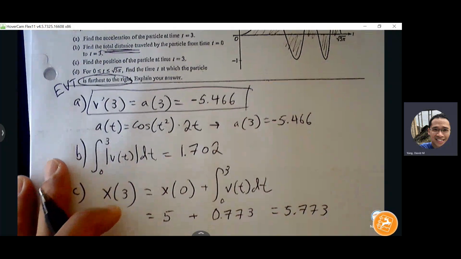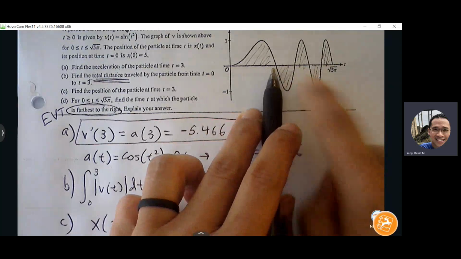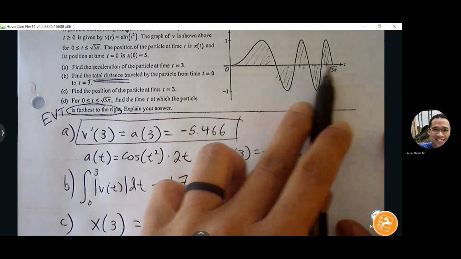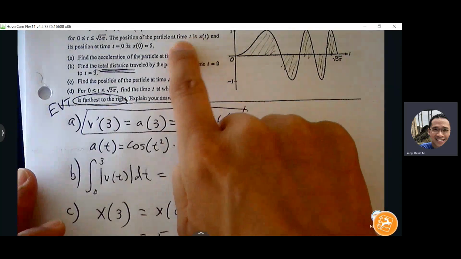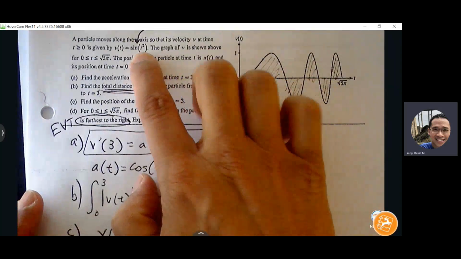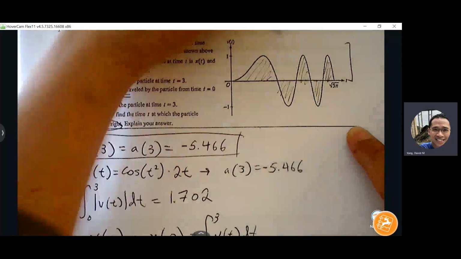So we do want to find critical points. We can definitely use our calculator and find these x-intercepts. Another way is to do this by hand, looking for where sine of t squared is equal to 0. This is my velocity function.